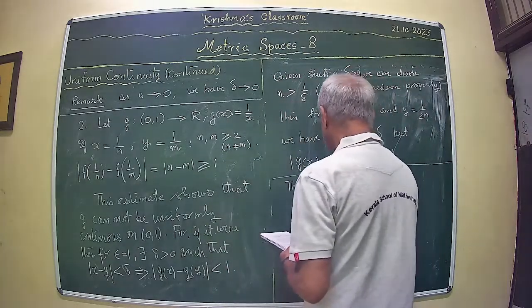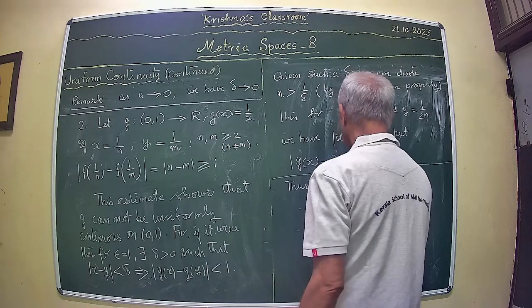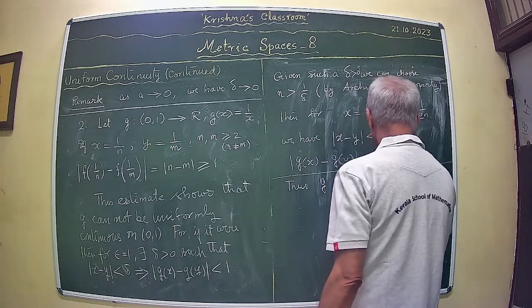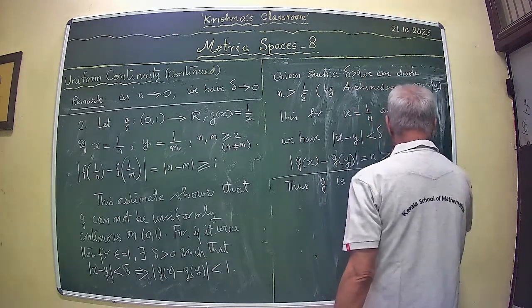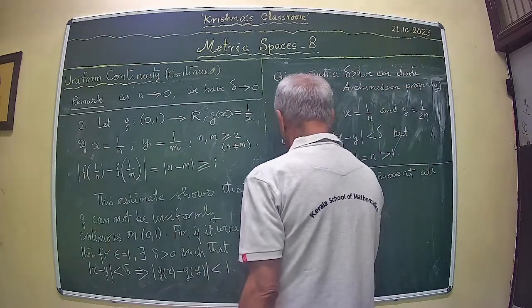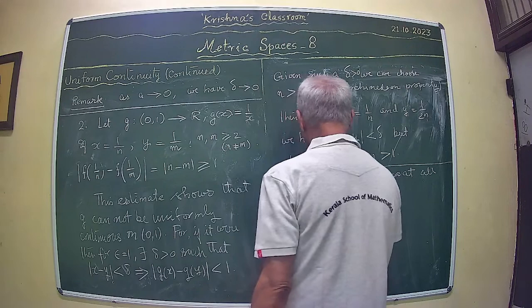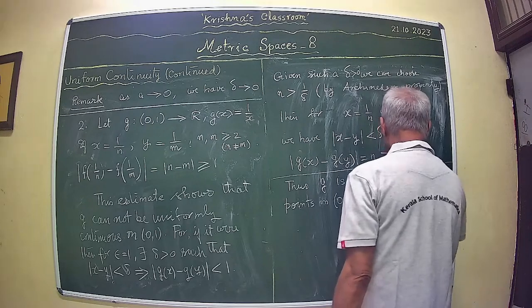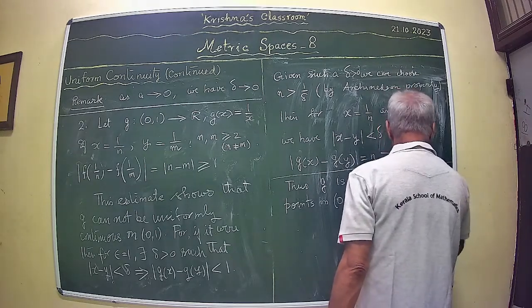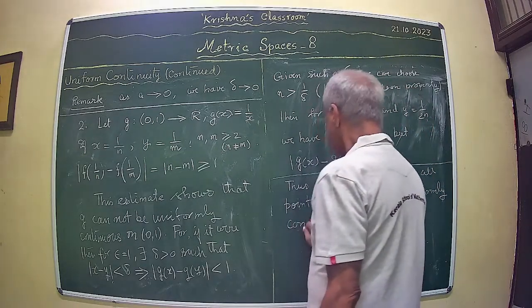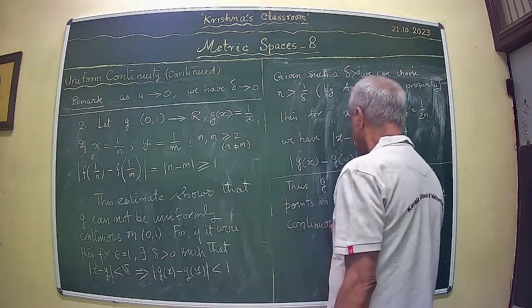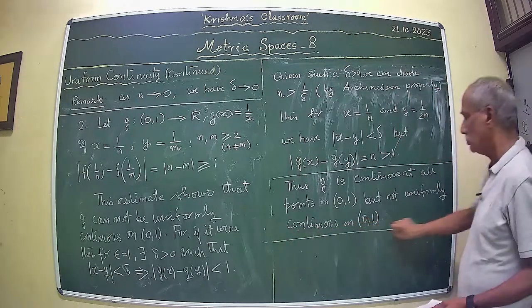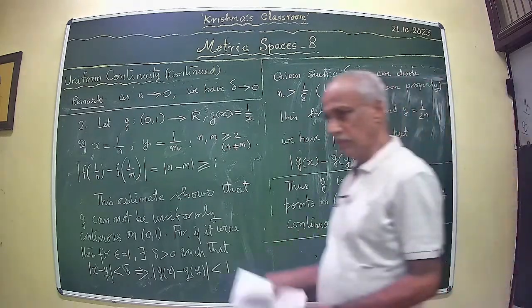Thus, G is continuous at all points but not uniformly continuous on (0,1). That's the argument.